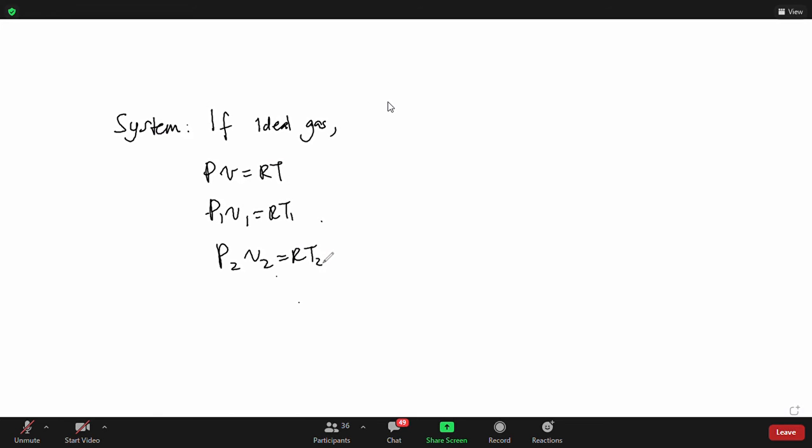Because you might need the specific volume, for instance, if you want to calculate the mass flow rate: area times velocity divided by specific volume.